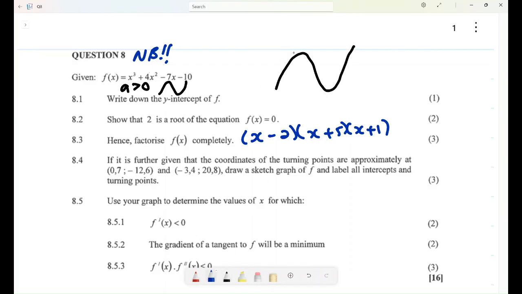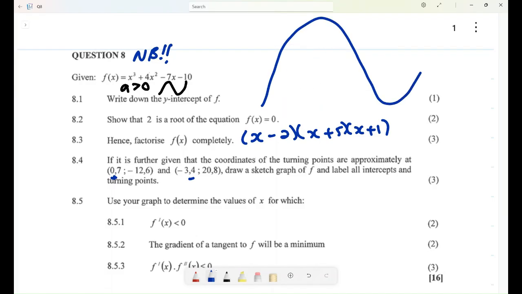If I know the last shape should be happy, it means I'm expecting a graph of some sort. And I'm told that this coordinate here, let's see, 0.7, is positive. This is negative. So it means here I have the first turning point, which is negative 3.4. Let me enlarge this so that we can see clearer what I'm trying to explain here. Okay.